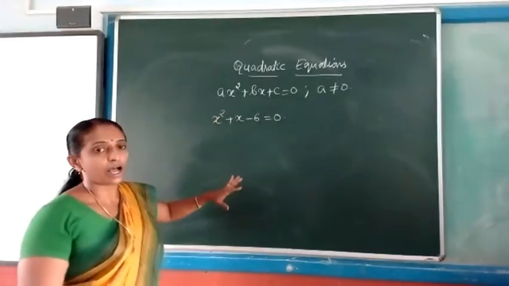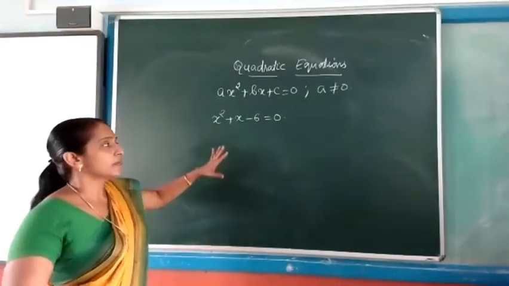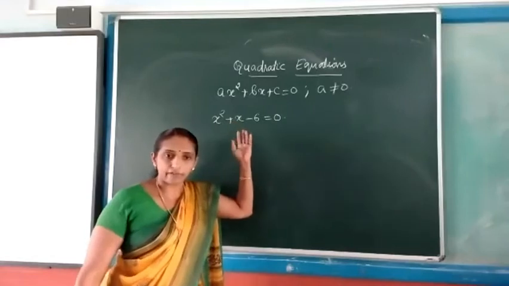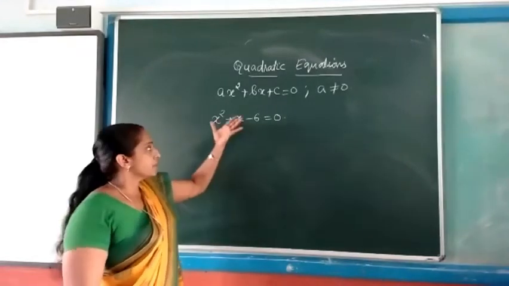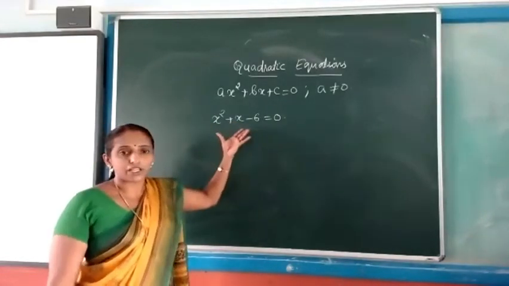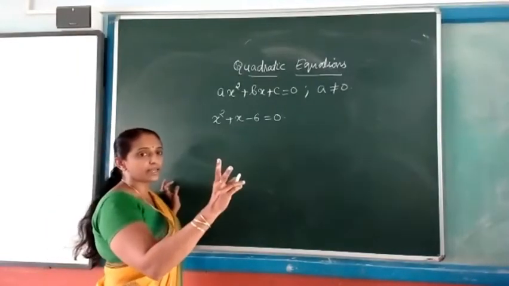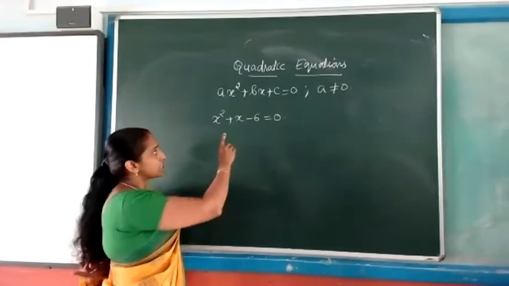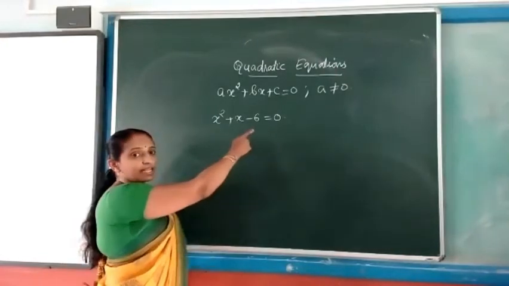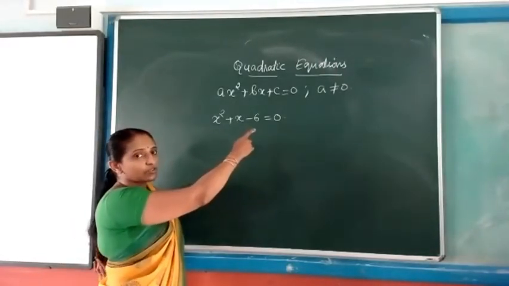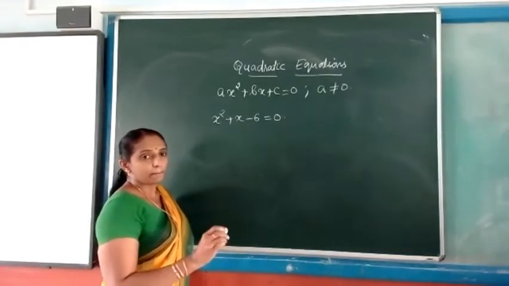So here what you have to do is factorize in the same way. This is a quadratic equation. You will factorize the equation by splitting the middle term. That means you have to find two numbers whose sum is plus 1 and product is minus 6. The numbers will be plus 3 and minus 2.